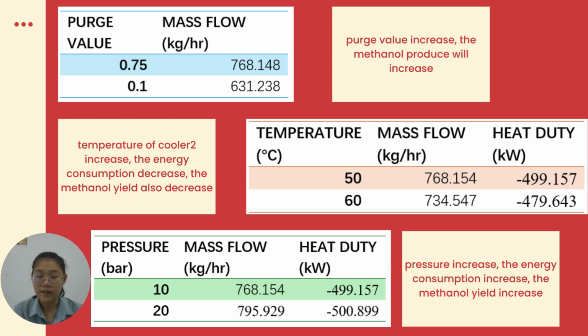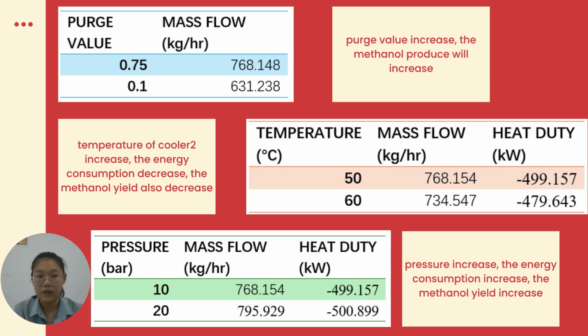The second one is temperature. We change the temperature of cooler 2 from 50 degrees Celsius to 60 degrees Celsius, and the mass flow decreased from 768.154 kg per hour to 734.547 kg per hour.